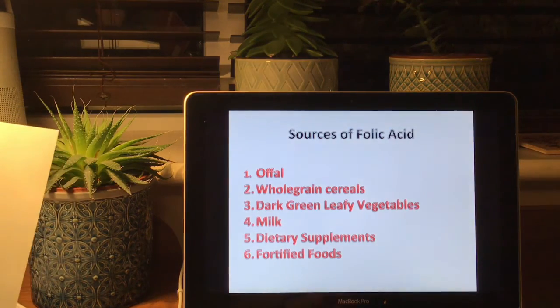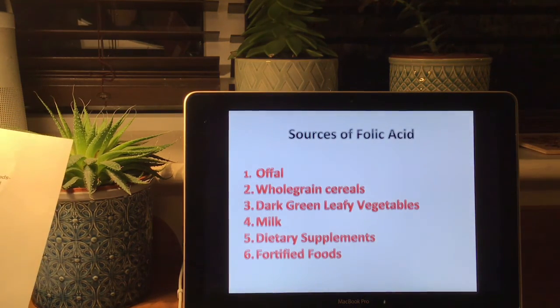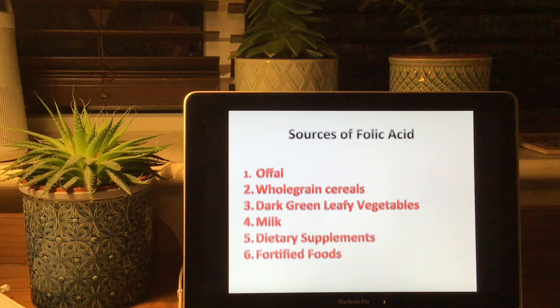And then there's just regular milk. Dietary supplements, the manufactured form of folic acid, and these are of course advisable for pregnant women or women who are planning to get pregnant. And then finally, fortified foods, mainly breakfast cereals and bread.